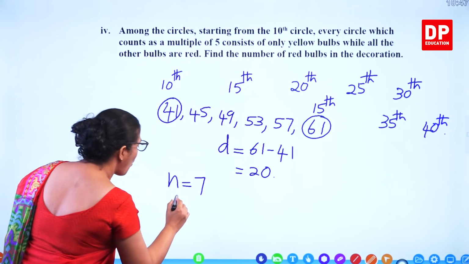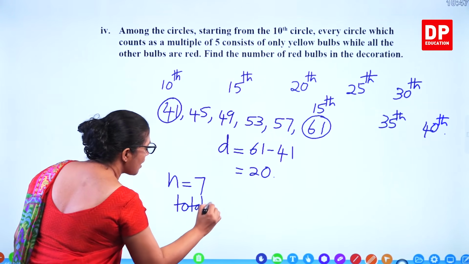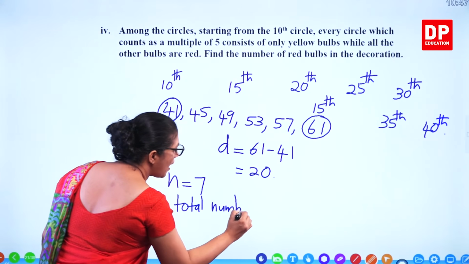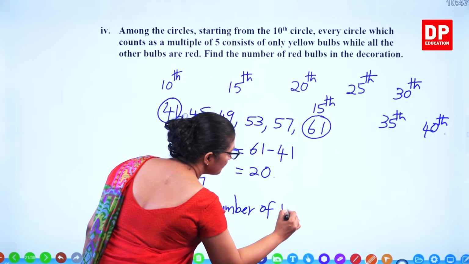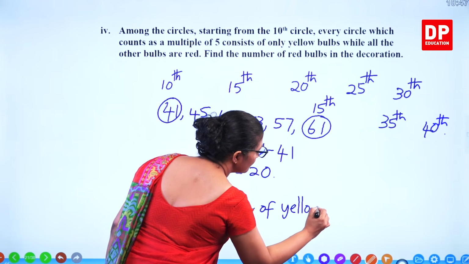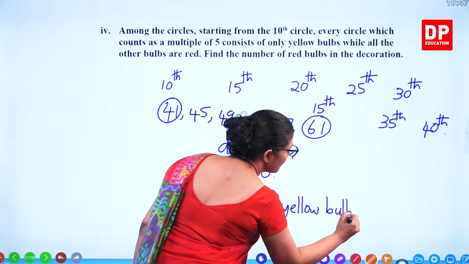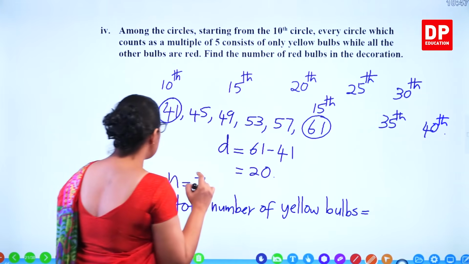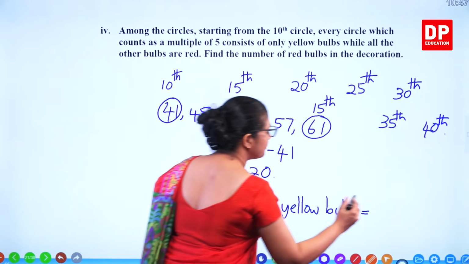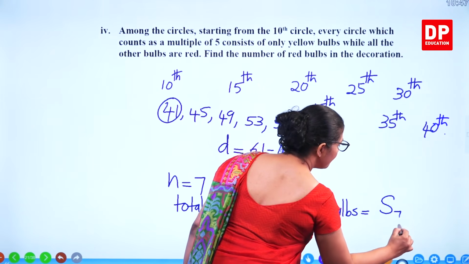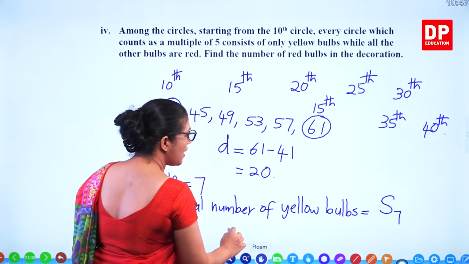So what is the total number of yellow bulbs? That means S7. So how do you find S7?